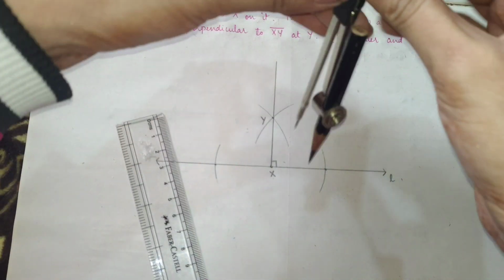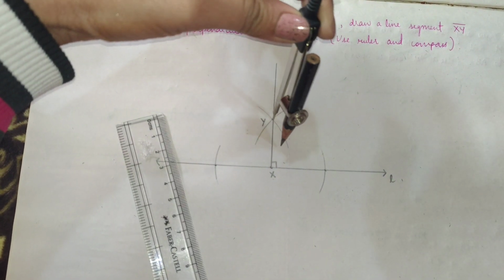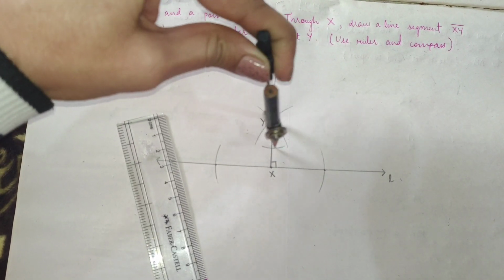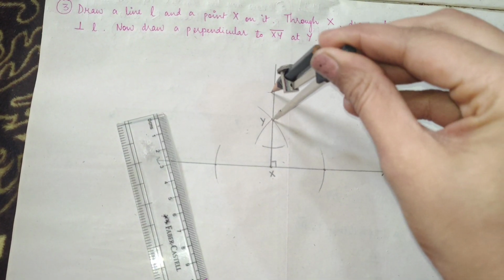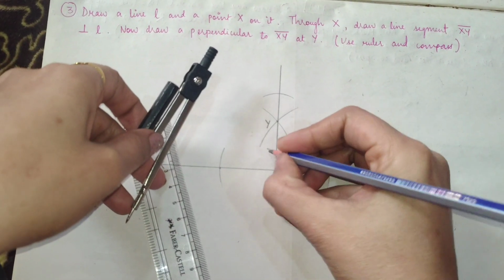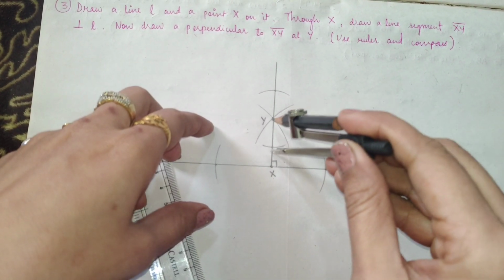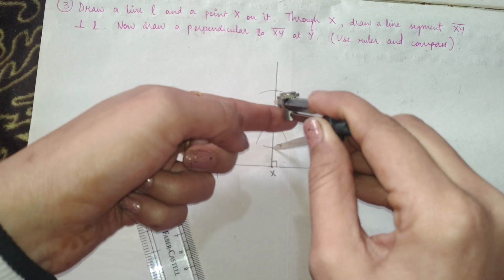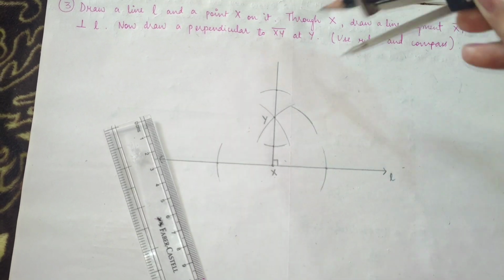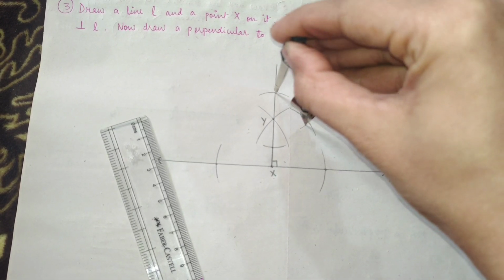Okay, so repeating the same procedure, keeping your pointer here, opening up the compass of your own choice, and then drawing arcs, one on the left side of the Y, another on the right side of the Y. Okay, and then keeping your pointers on these two points here, and increasing the radius like this, draw two arcs, one from this side, another from this side, like this.